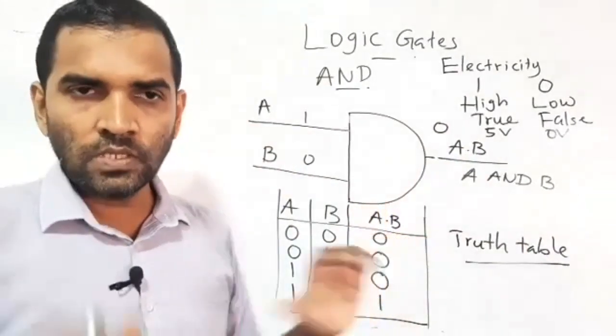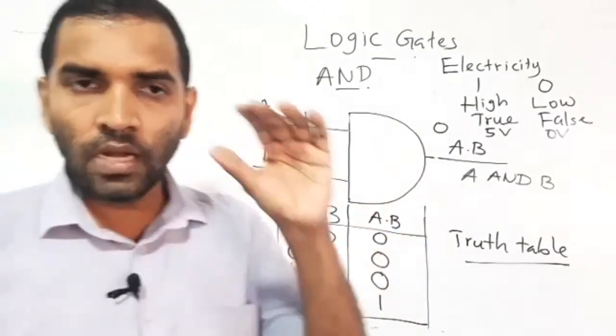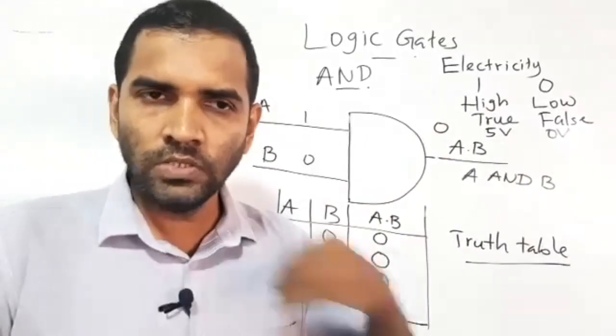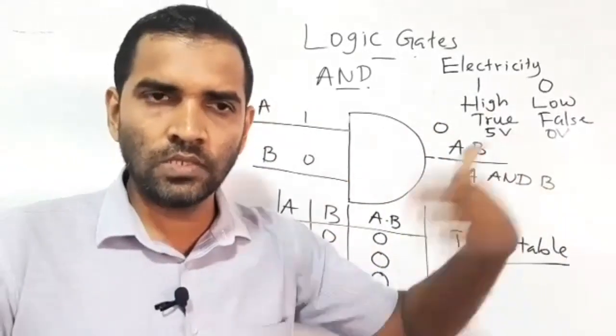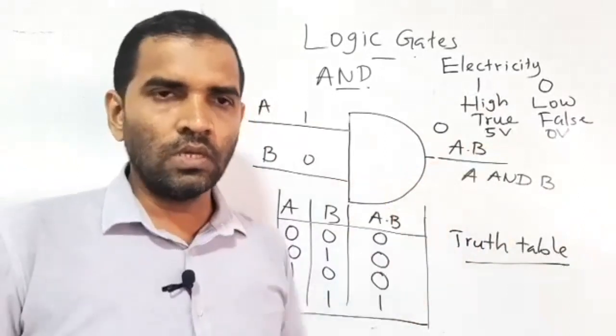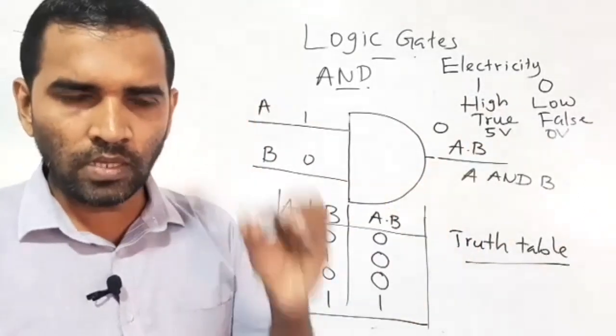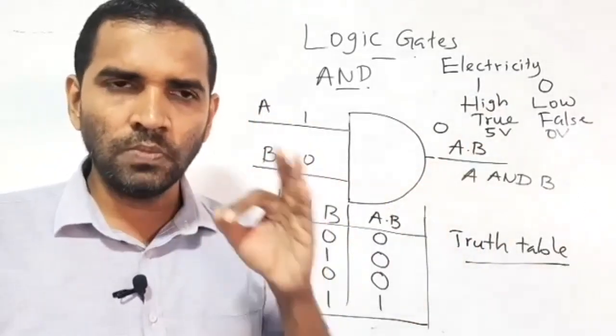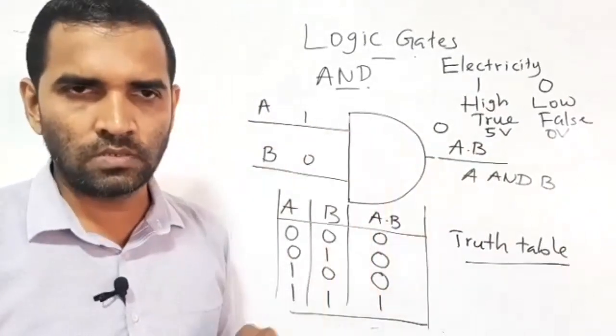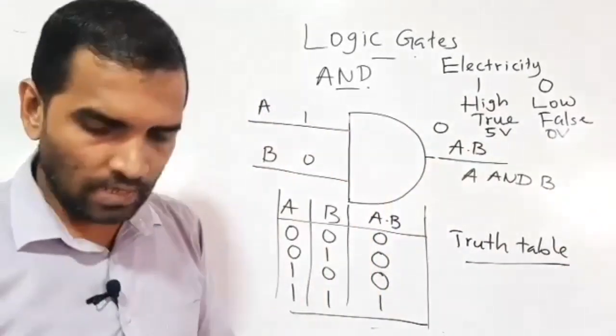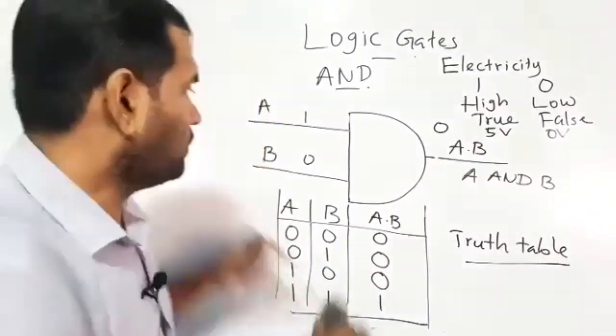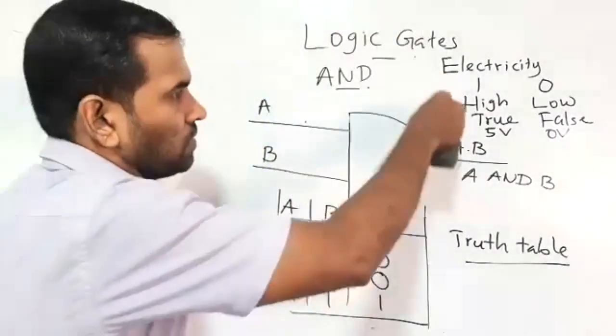When we build a simple electric circuit, we can understand the logic, or the functions which will be carried out in the AND gate. That is the reason why we want a simple electric circuit for the AND gate. I will explain that a little later, but before that, we have to write these things.